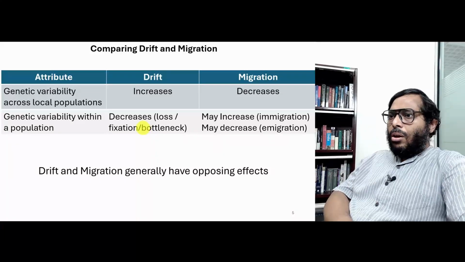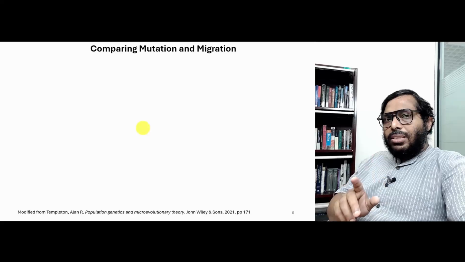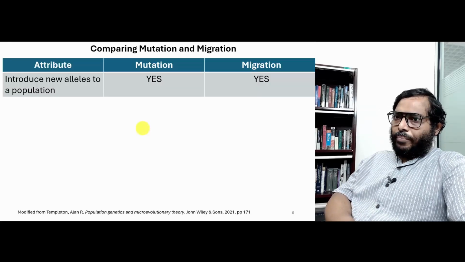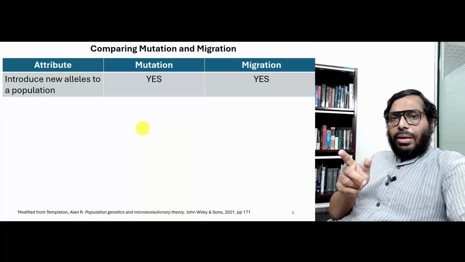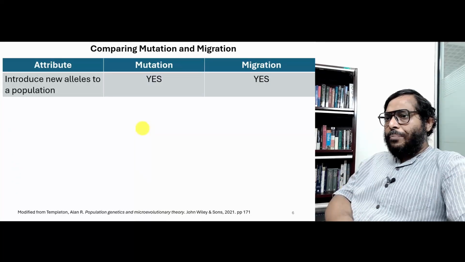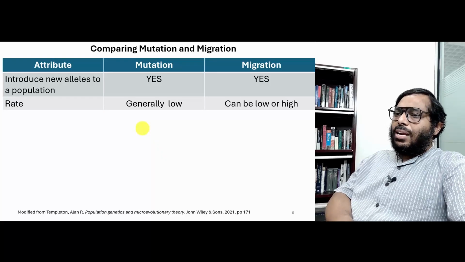Now, if you look at the comparison between mutation and migration, things are a little bit more complex over there. Both of them tend to introduce new alleles to a population, no issues over there, but the way they do it is slightly different.